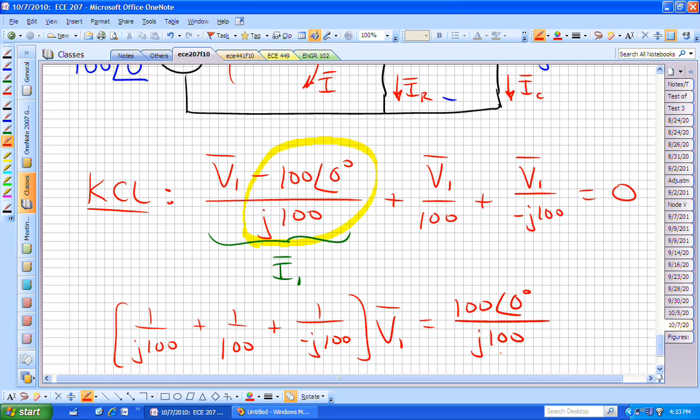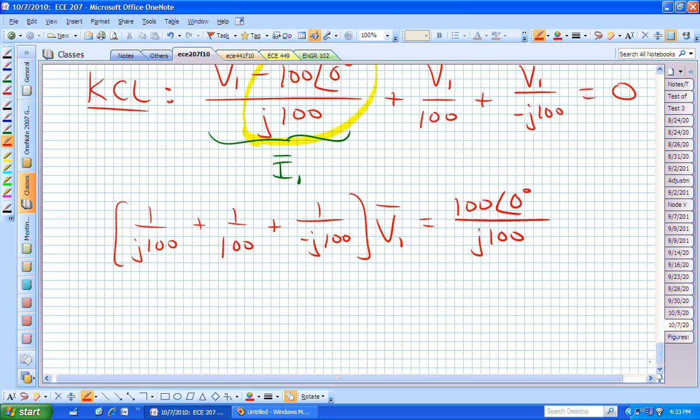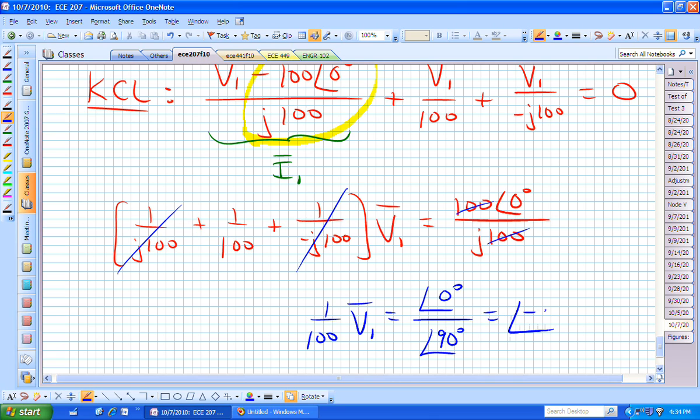Questions on that? This and that cancel. I'm just going to do algebra, and I now have 1 over 100 V sub 1 bar is equal to, these hundreds go away, 0 degrees over 90 degrees, or this is now minus 90 degrees, or that's minus j.